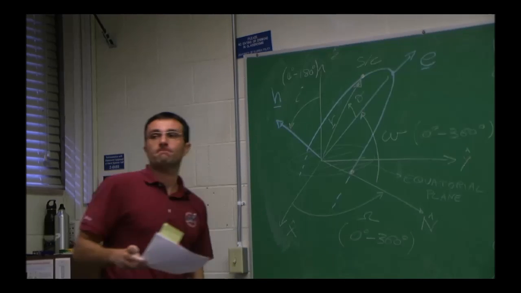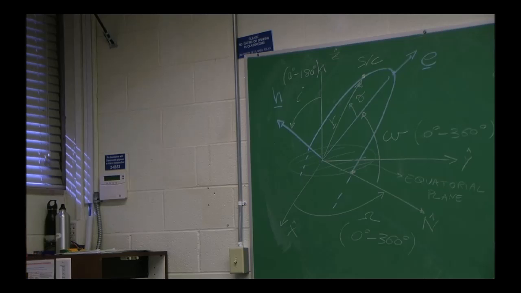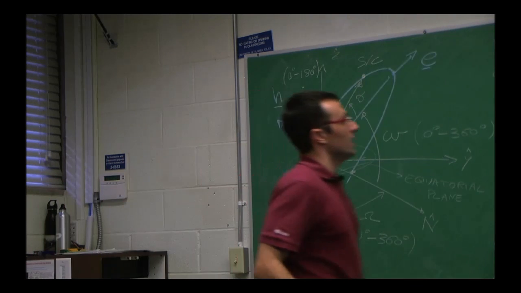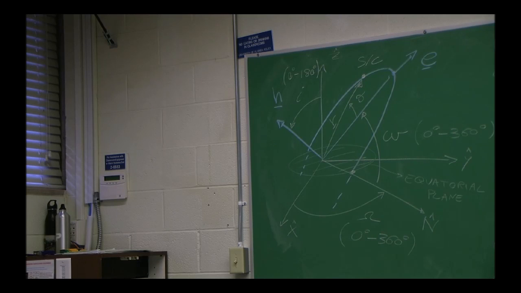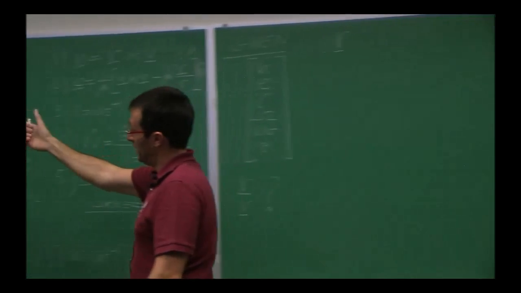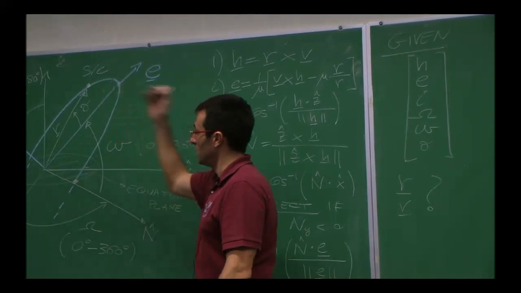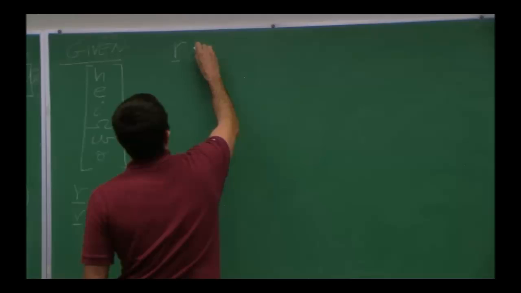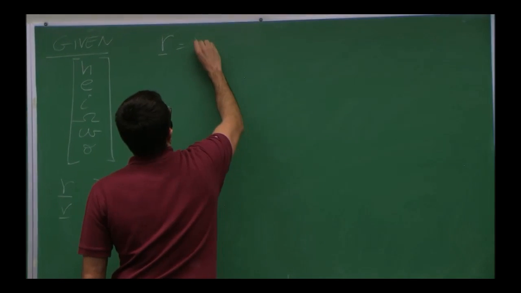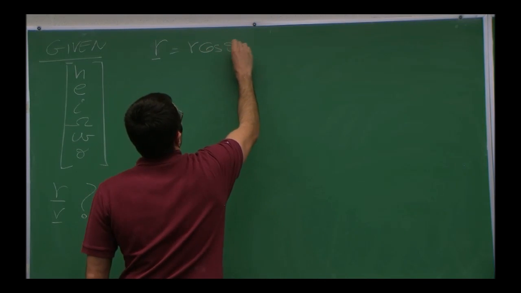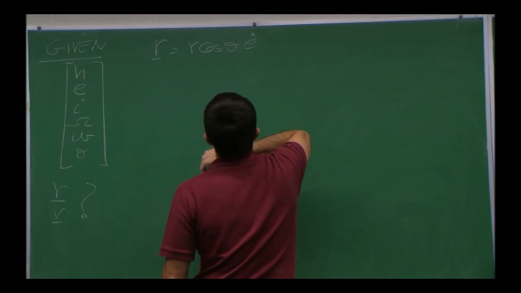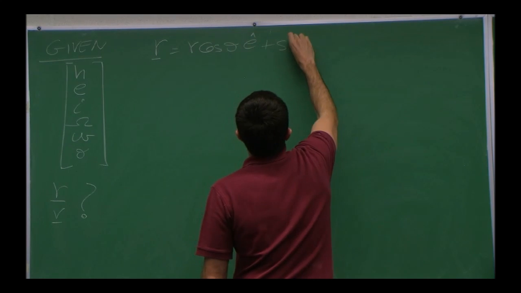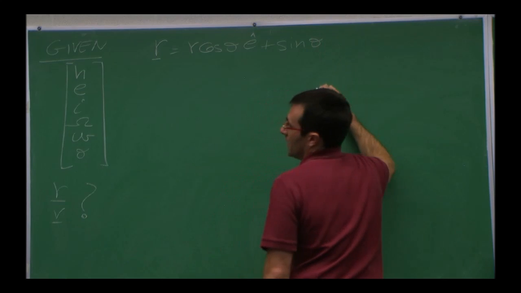No. It's kind of along the same lines, but not those, because if we use the perifocal coordinate system, and by perifocal I mean h, e, and the cross product of the two, well, that is what? R cosine of theta in the direction of the unit vector along E, plus R sine of theta.